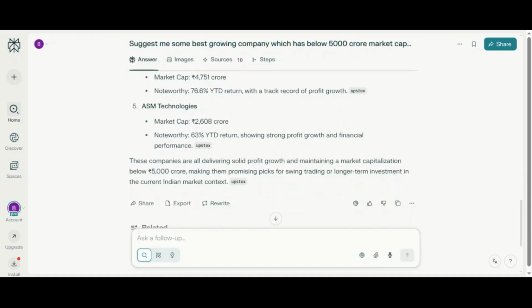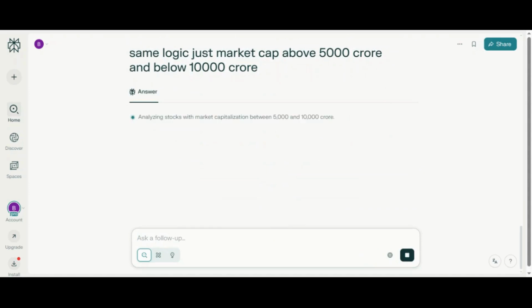Okay, we need to increase the market cap, maybe, just to get stocks with good volume. Same logic, just market cap above 5000 crore and below 10,000 crore. So we can get some liquid companies, right?